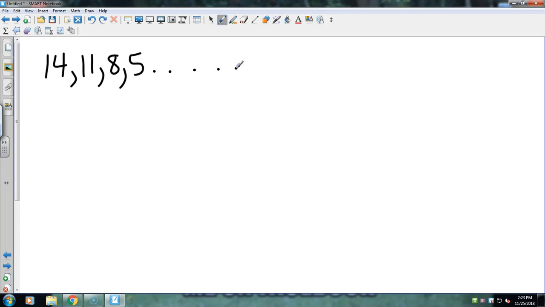What if we wanted to find the equation for finding the nth term, which is an equation I could use to find any term? I could find the 20th, the 50th, the 37th. That formula looks like this.